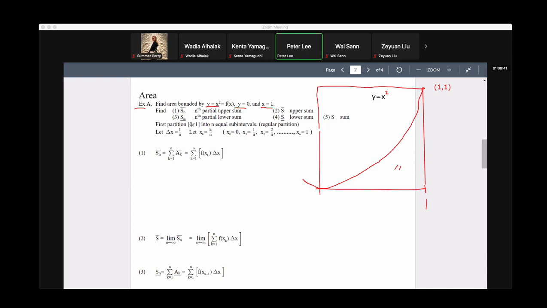The third item we'll be finding is f sub n underscore, which will be called the n partial lower sum. Number 4, f underscore, will be the lower sum. And number 5 will be the sum, so then we call f equals the sum. And this will actually be the area in question.